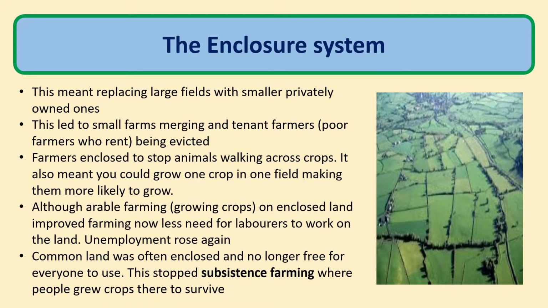And that stopped subsistence farming, where farm labourers would typically try to grow food on common land or have a few animals on common land. That was now gone, so their opportunities to grow food for themselves was also gone. So that linked in with the need for fewer labourers, also increased poverty.